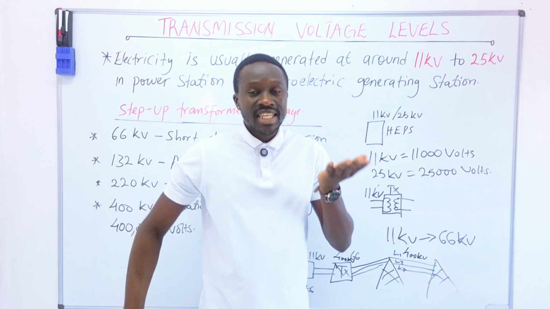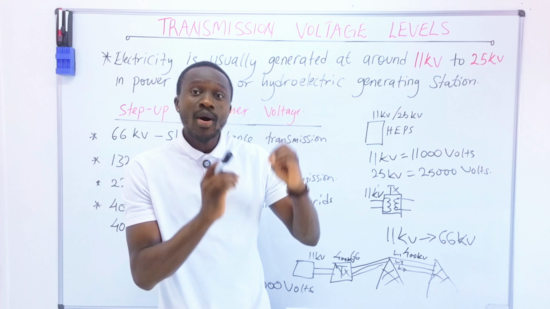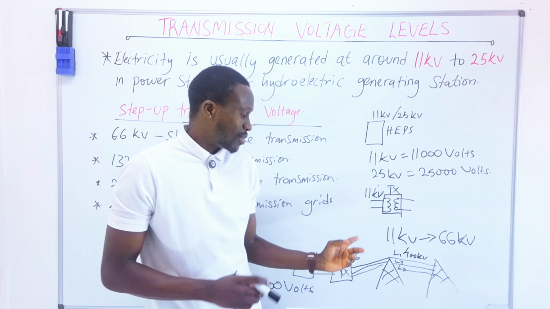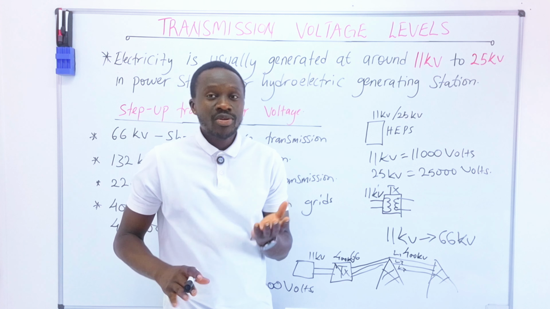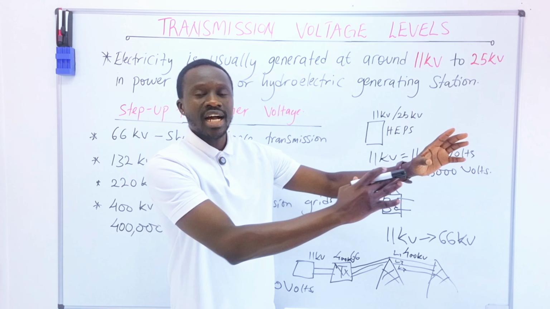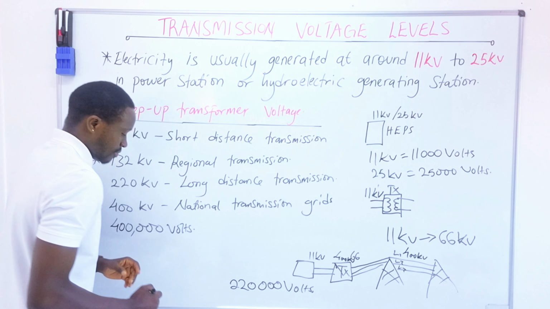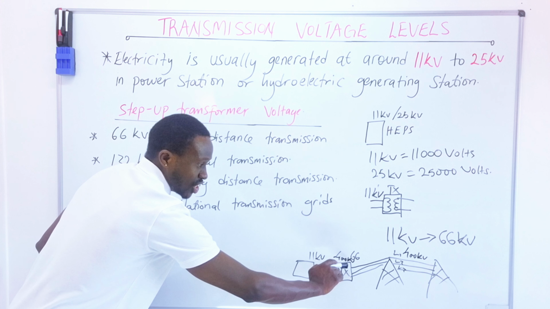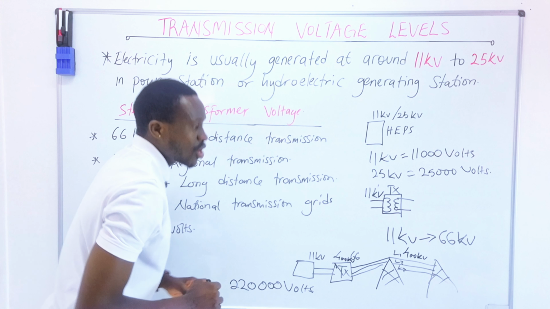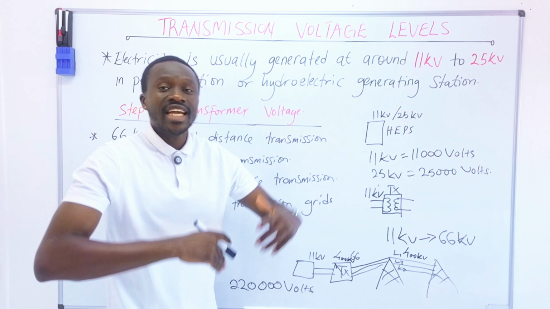And once the current comes down, it means we have less power loss in these cables. Power loss will be low because the voltage is pushing at a high rate, and once the voltage is big, current goes down. Now, after this high voltage is transmitted, we shall have a substation in the area.